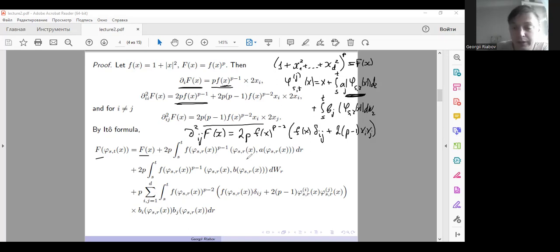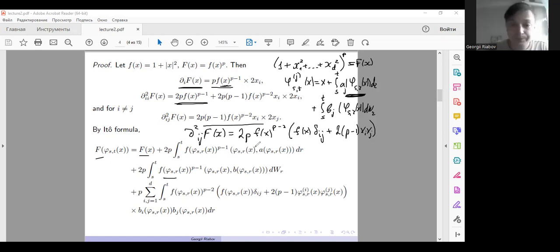In other words, we get the scalar product of phi and a of phi. The same type of integral, but the stochastic integral we get here. Again, this is the partial derivative of f times the scalar product of phi and b dW_r.